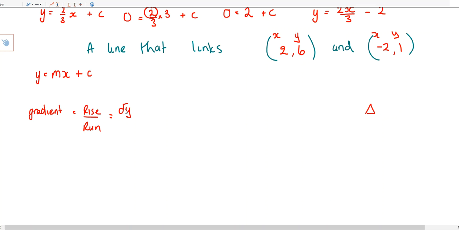This is just a lowercase delta. So it's like saying m and m. We have delta and delta. Now what people say is dy over dx, but it's not actually a d. It's a delta. Because when you differentiate, you are finding the gradient function, which we have to do.